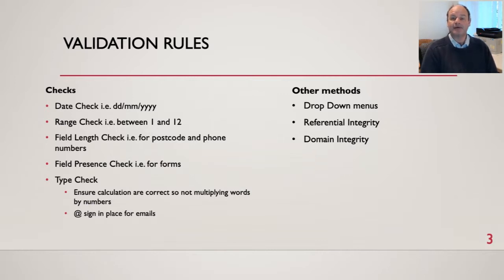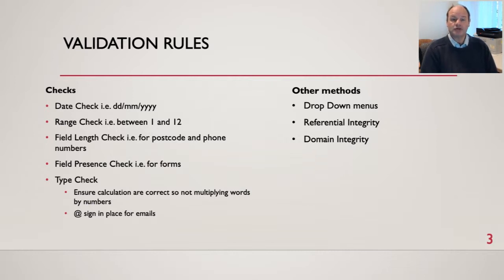There are several different validation tests. A date check uses an input mask to enter the date a certain way, such as 2 Ds, forward stroke, 2 Ms, forward stroke, and 4 Ys.